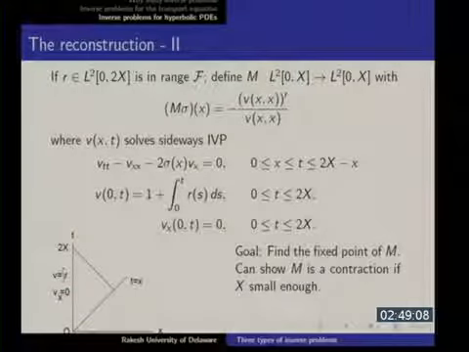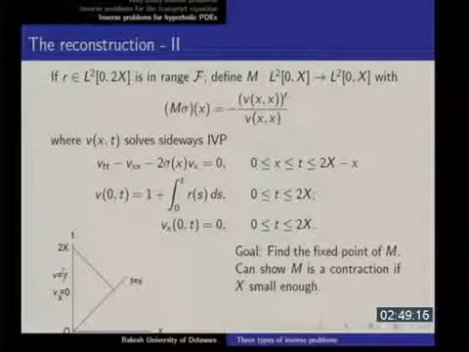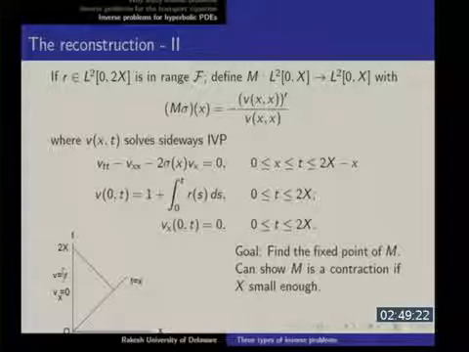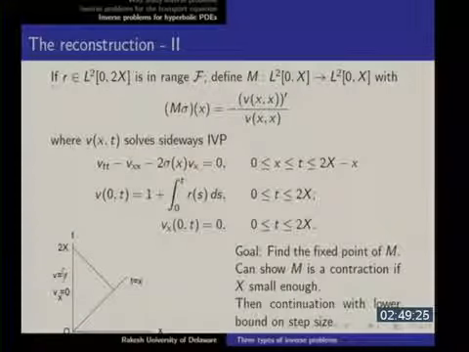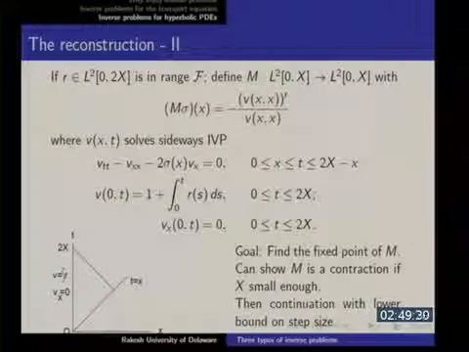The positivity of that operator HR guarantees that there is a lower bound on the step size. And that is what makes the whole thing true. So finding a fixed point and a contraction mapping, it's a constructible thing. So this guarantees it has a fixed point. So there is a continuation part and there is a guaranteed lower bound on the step size because of the range condition. And that's the one dimension.